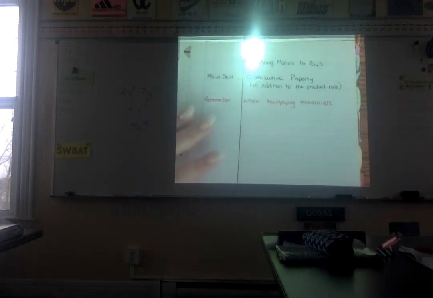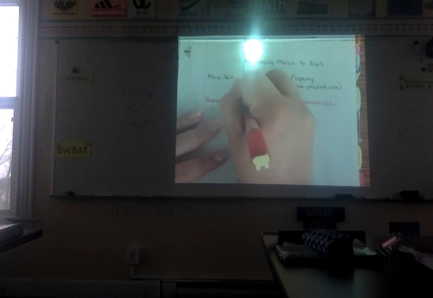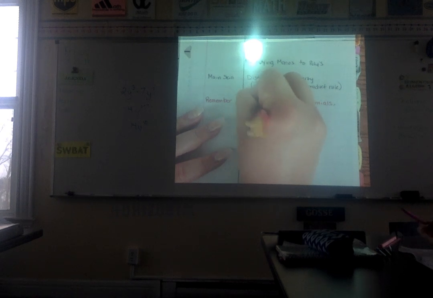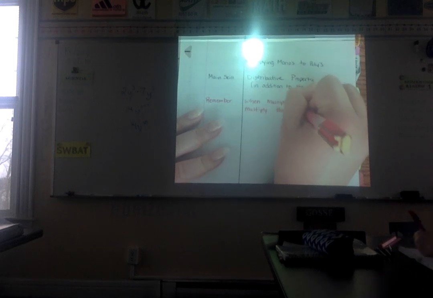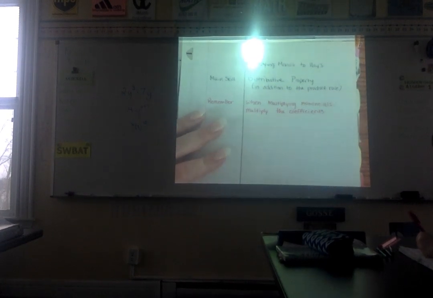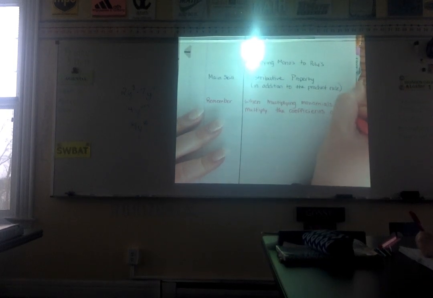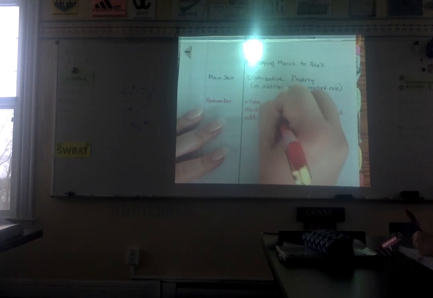So again, remember when multiplying monomials, you multiply the coefficients and add the exponents.